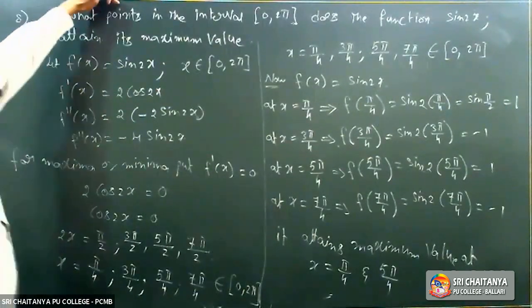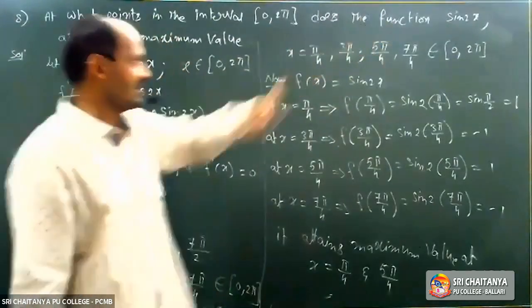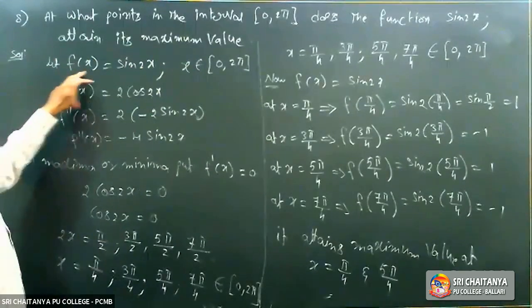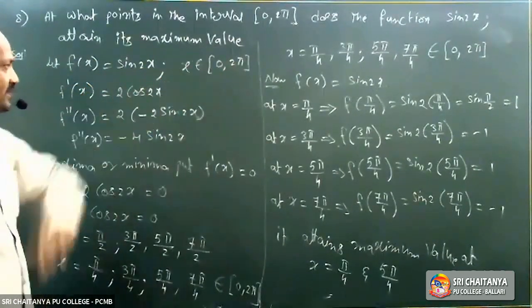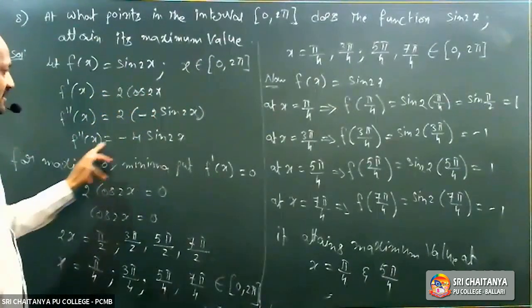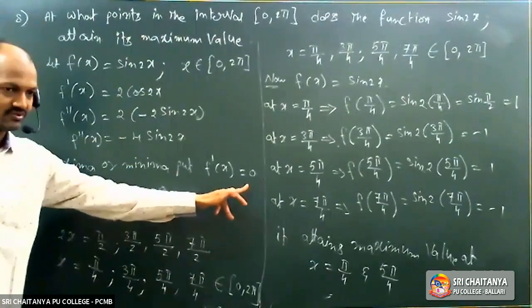Listen, at what points in the interval 0 to 2 pi does the function sine 2x attain its maximum value? Given function is sine 2x, x belongs to 0 to 2 pi. Derivative of sine 2x is 2 cos 2x. For maximum or minimum, first derivative is equal to 0.